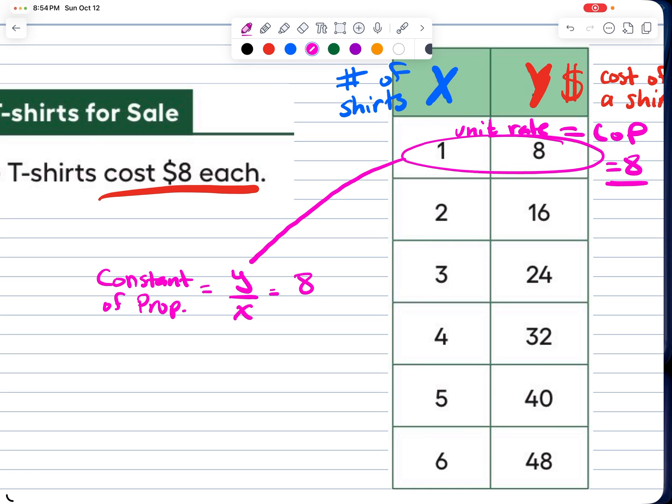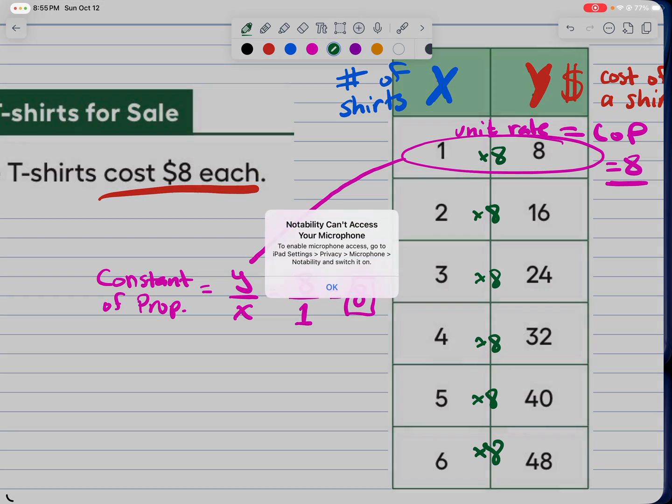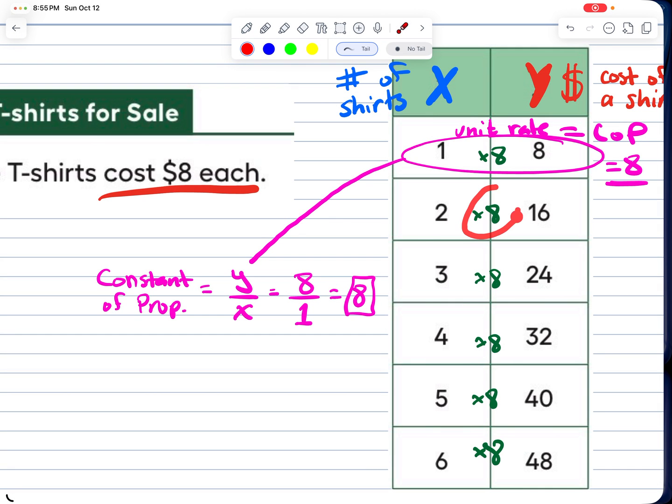The Y is the 8 and the 1 is the X. If we divide them, it's just 8. And that's true. So we notice that it's times 8, times 8, times 8 on all of these, because this is our constant of proportionality.